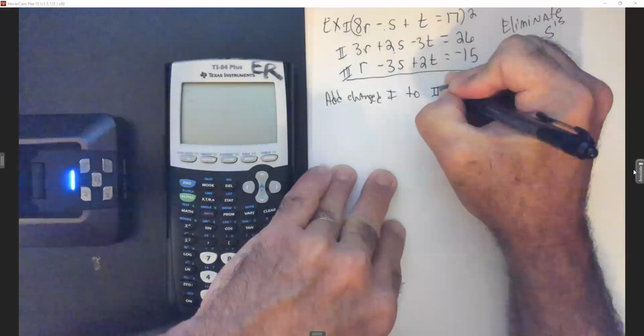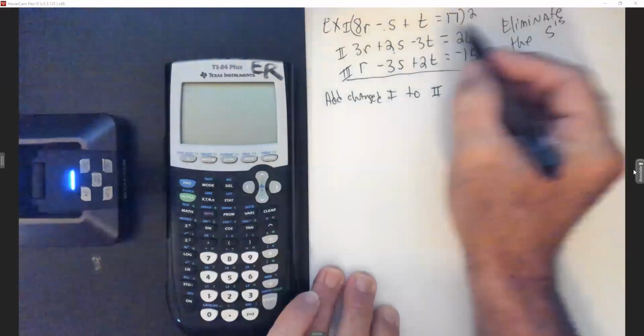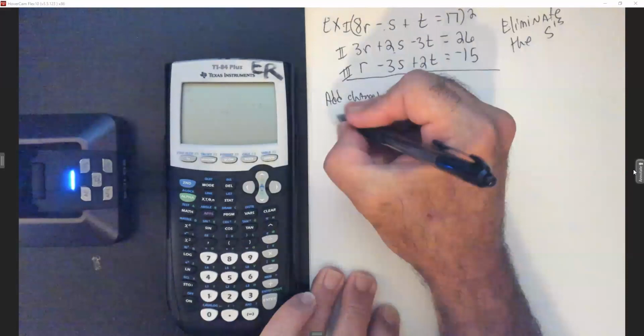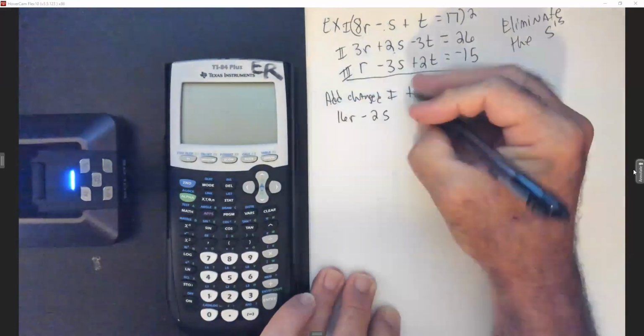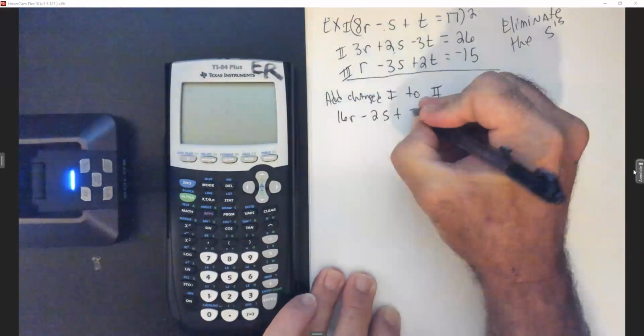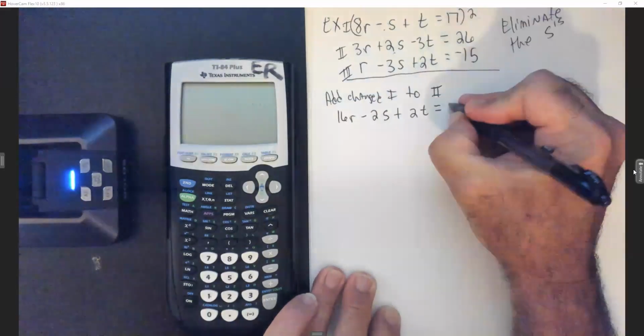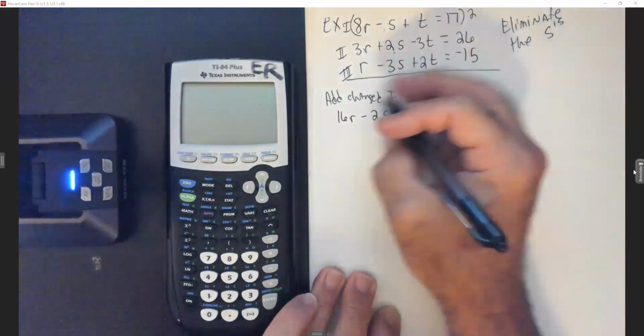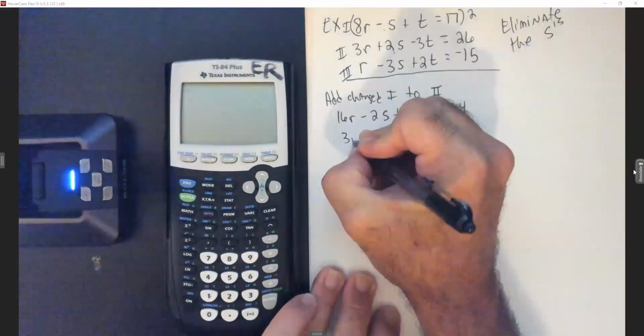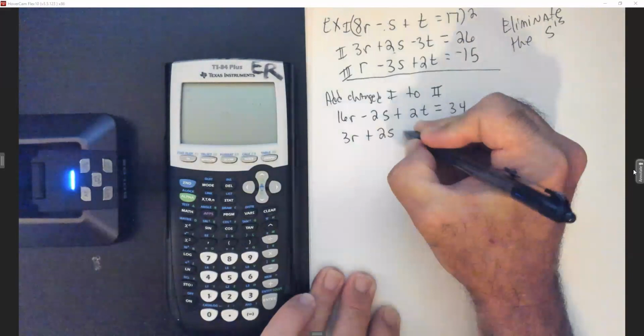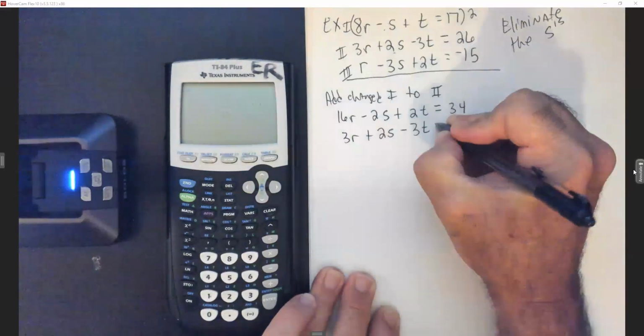So if we multiply this whole row by 2, I get 16r minus 2s plus 2t, and then 17 times 2 would give me 34. Now bring down the second row, 3r plus 2s minus 3t equals 26.